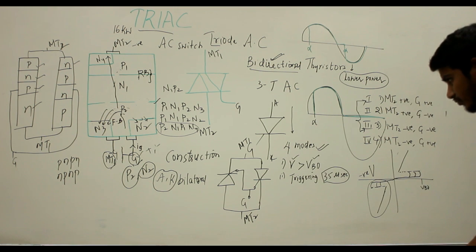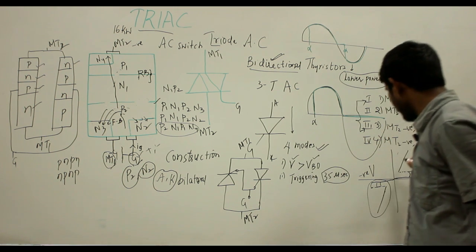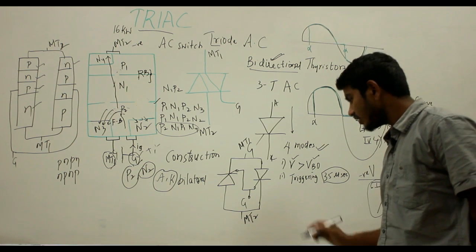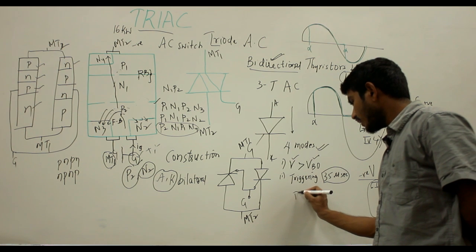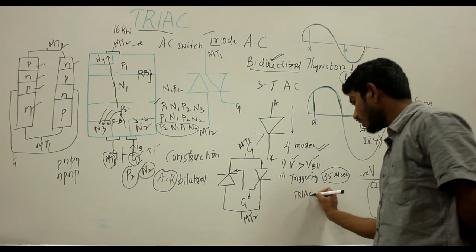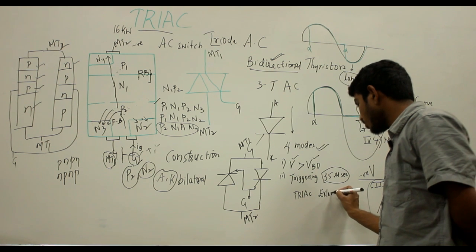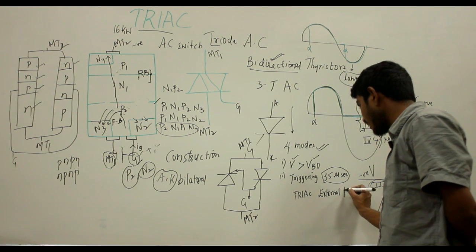So here there is a large increase in the current, and this large increase in the current may damage your triac. So for this reason, it is necessary to use an external resistance connected to it to limit the high rise in the current.